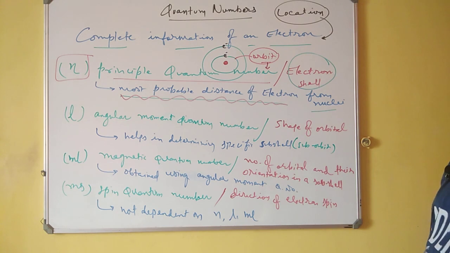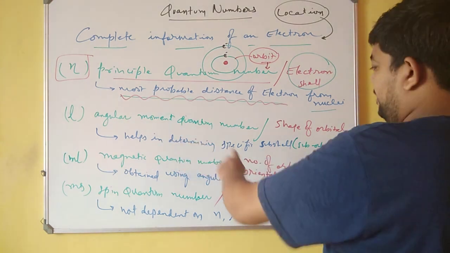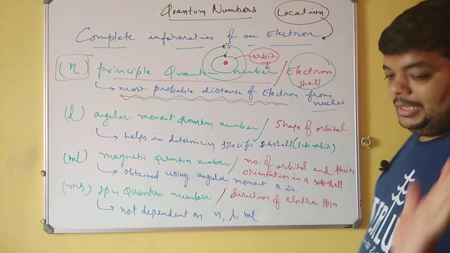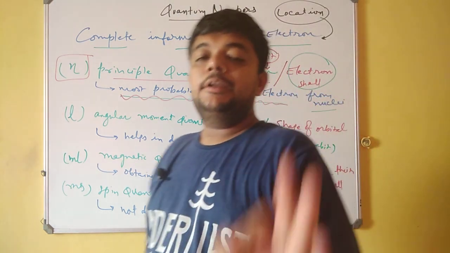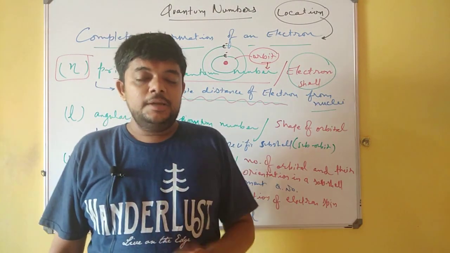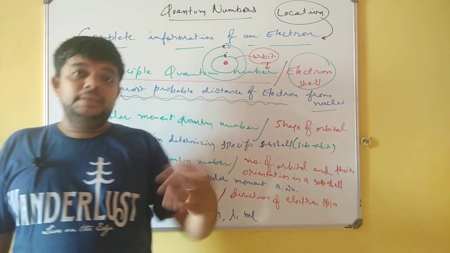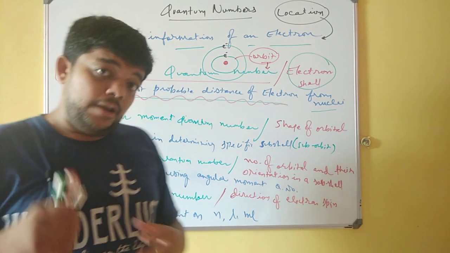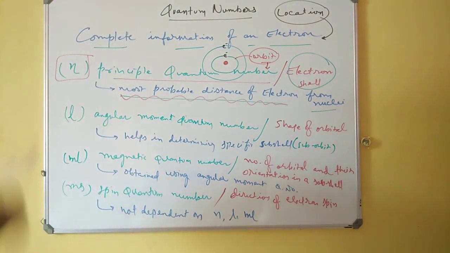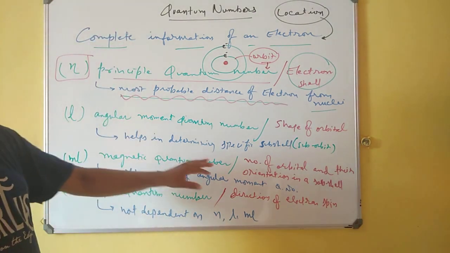It is right, but it always helps in determining the specific subshell, and we got it when we determined S, P, D and F. Now moving to Ml, the magnetic quantum number.